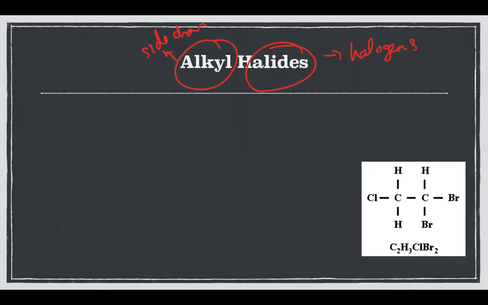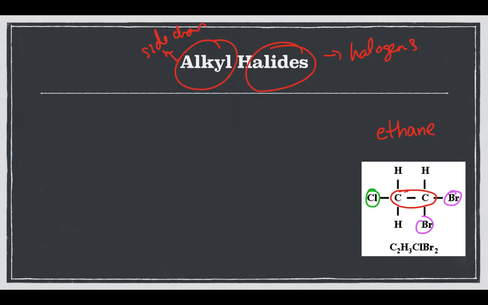But just as a review, if we look at this molecule down here, we have 2 carbon atoms, and they're all single bonds, so it's ethane. And we have 1 chlorine, and we have 2 bromine.